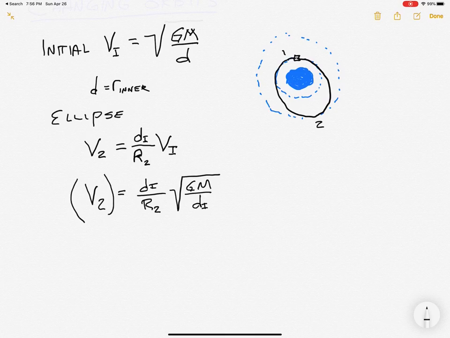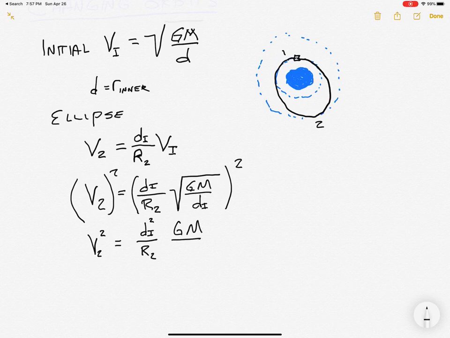So we're going to go v squared and all of this squared. I'm going to get v2 squared is equal to di squared over radius at 2 squared. And that's going to equal GM over di. So we will cancel out one of the di's when we do this.